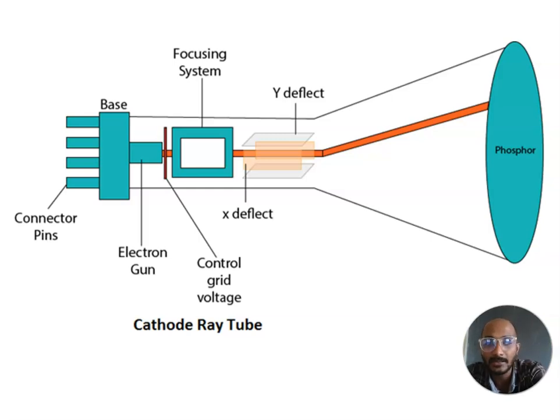If we want the figure or the picture at the top of the screen, then it will direct the electron to the top of the screen. It simply controls the direction, meaning the position, of the electron on the screen.